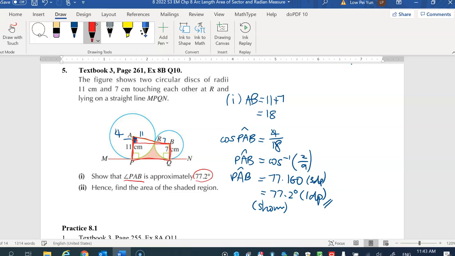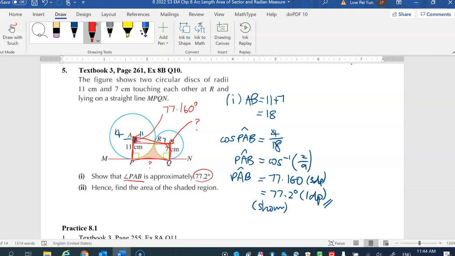Over here, 90 degrees, I need to find this. Then I need to take away the sector PAR and sector QBR. If I know that this is 77.160, I can find this angle using the angle sum of quadrilateral.